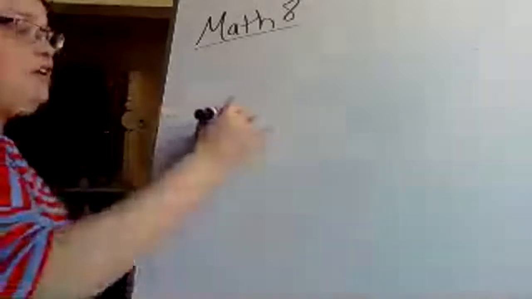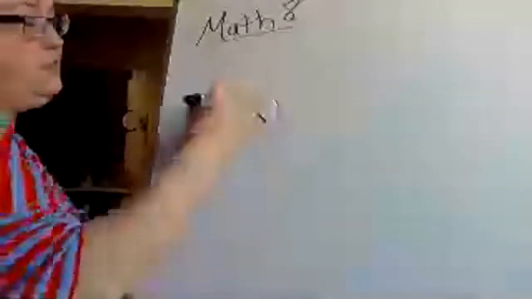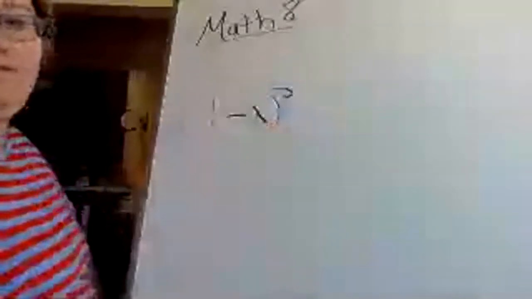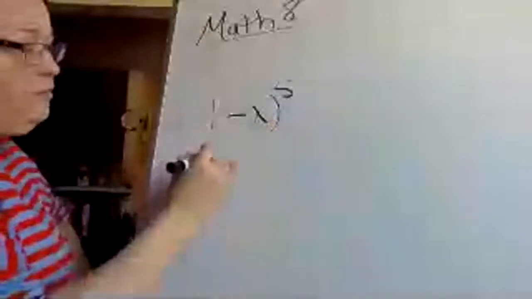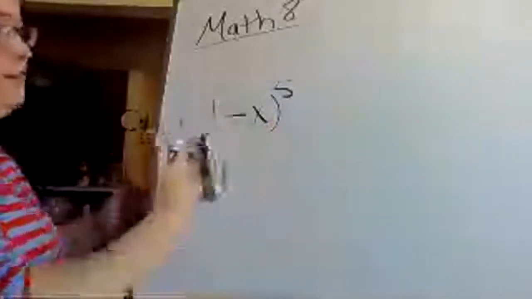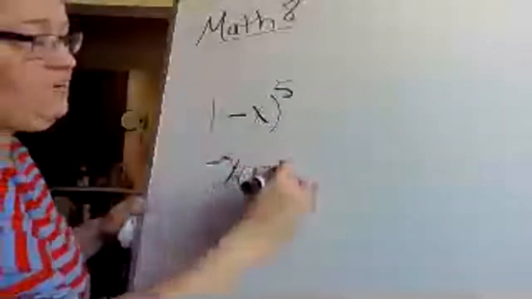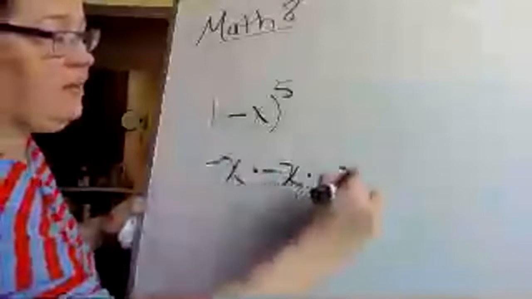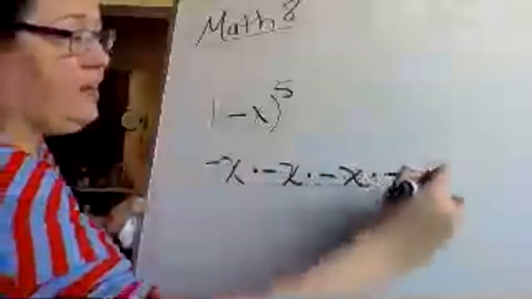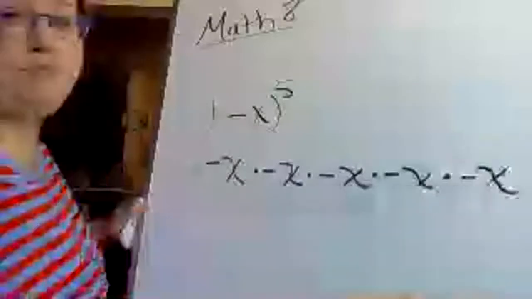Okay, so I did already go over this one. So if this was to the fifth power, it would be, I am not going to write the parentheses each time, negative x times negative x times negative x times negative x, 1, 2, 3, 4, 5.